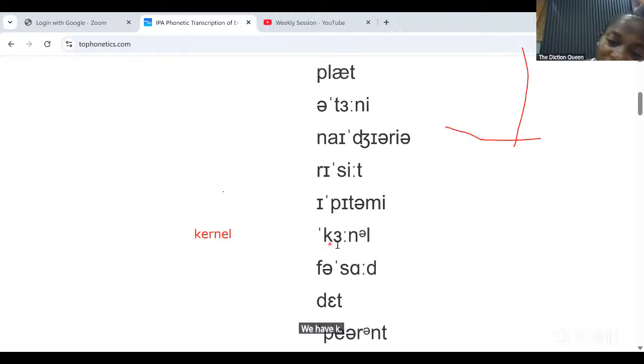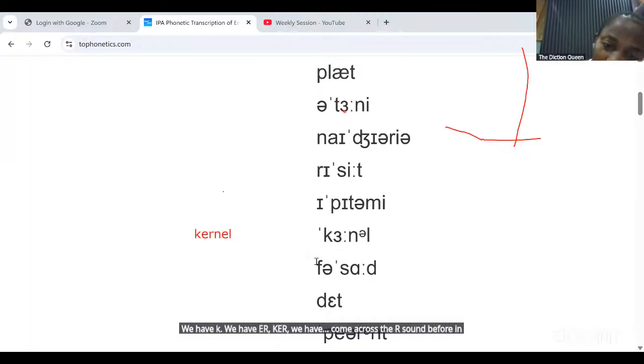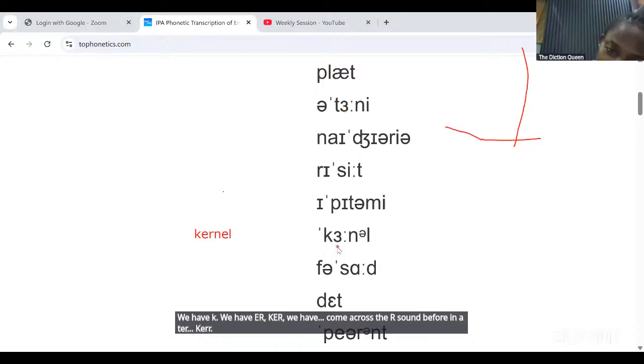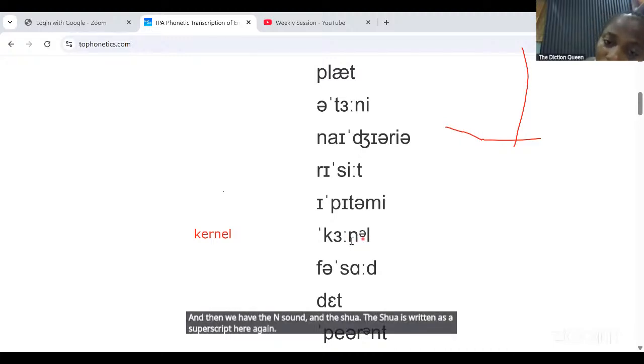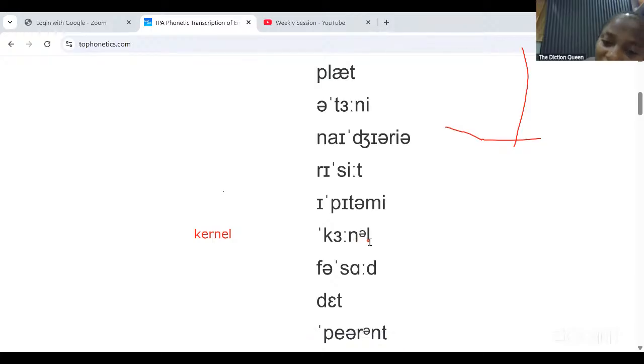We have k, a long sound, then the n sound and the schwa, written as a superscript here again. Kernel, and then the last sound, l. Colonel. My father is a colonel.